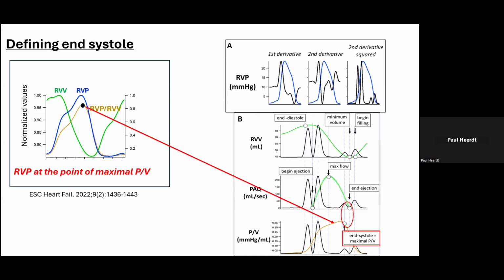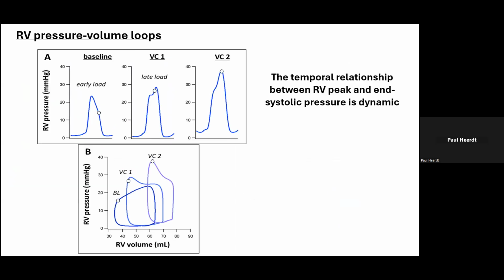But it isn't necessarily, this shows the timing of the end systolic point and end ejection, where the two are not necessarily coincident. For the RV, this becomes a big deal because the morphology of the RV pressure waveform changes under different conditions from what's known as an early load where the highest pressure is early in systole to late load with vasoconstricted states where now the highest pressure is late in systole, as commonly you'll see for the left ventricle.